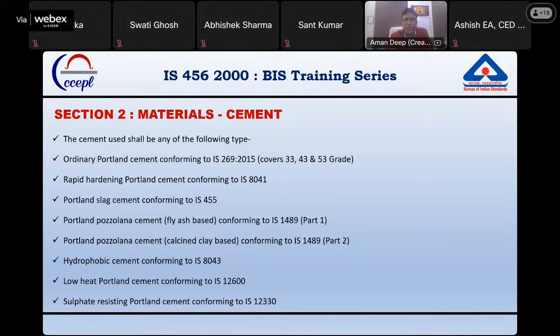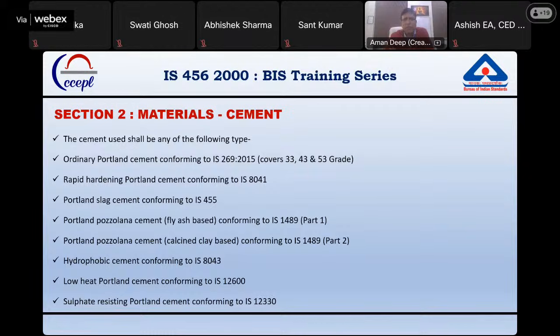There are different standard numbers for different cement. If we have fly ash based PPC, then it is IS 1489 part 1. And if we are using Portland pozzolana cement with calcined clay as a pozzolanic admixture, then it has to conform to IS 1489 part 2.